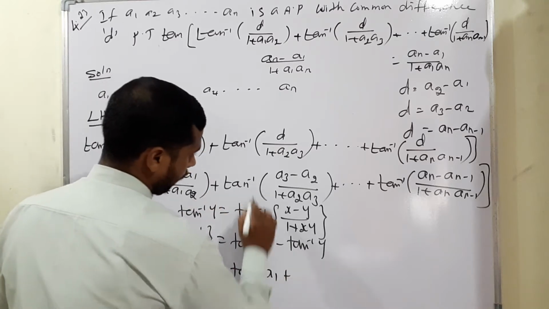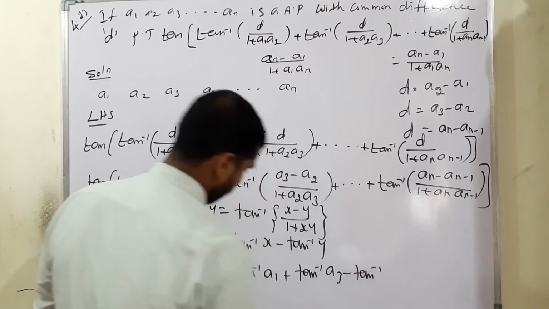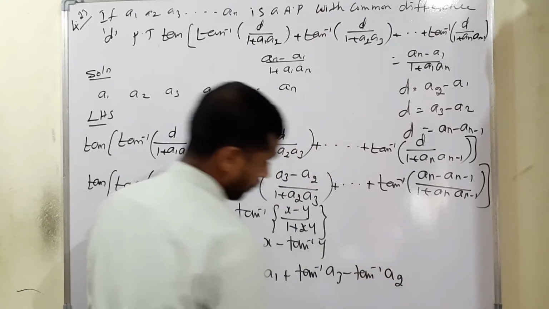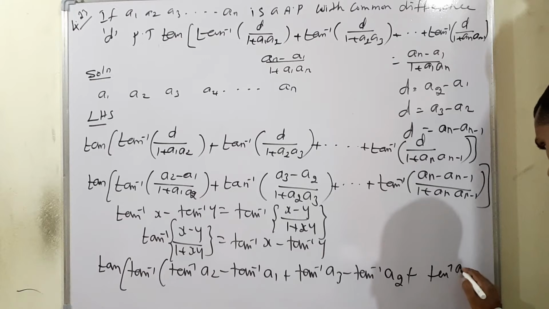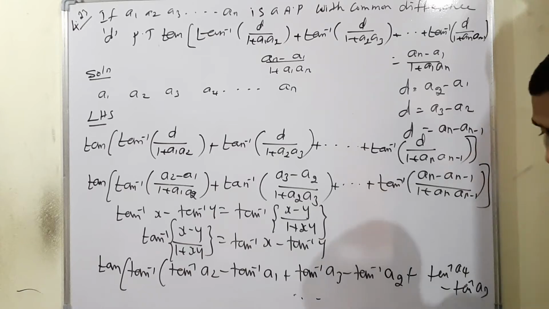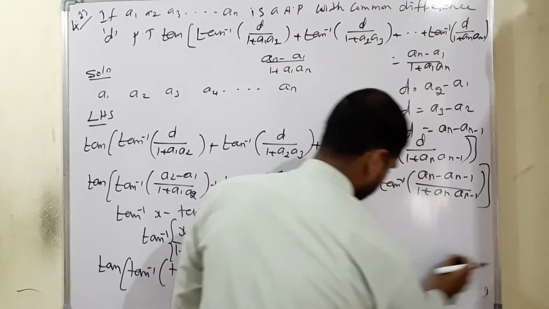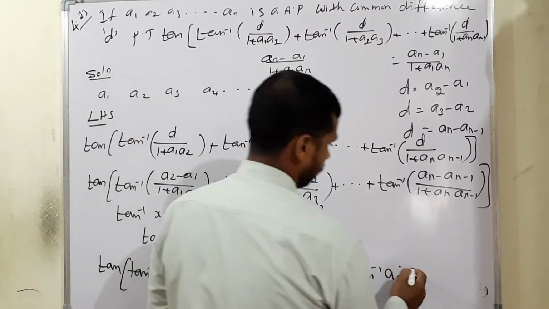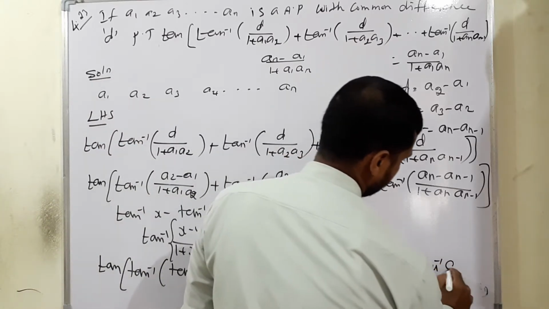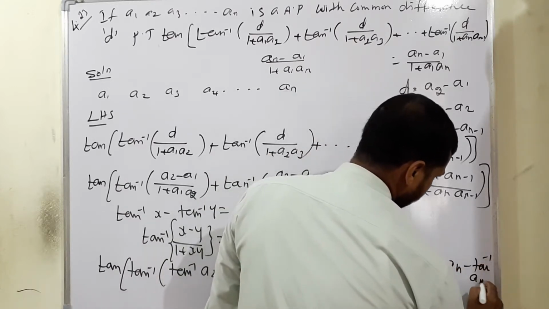Next term plus tan inverse a3 minus tan inverse a2. If a next term is possible, what do we have to write? Tan inverse a4 minus tan inverse a3, and the last line definitely tan inverse an minus tan inverse an minus 1.